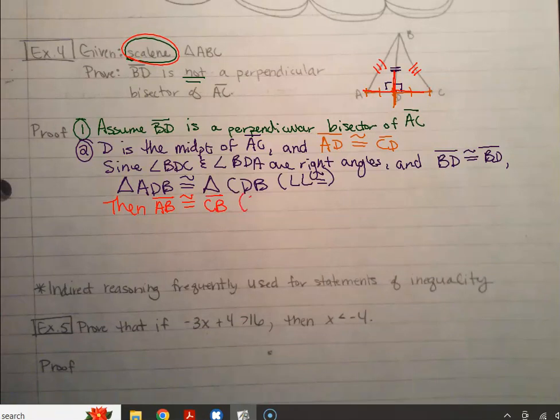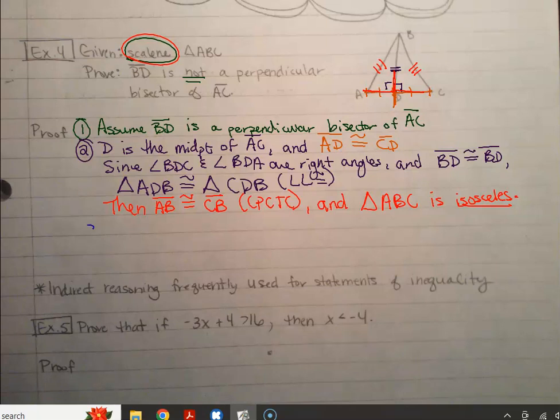That's the corresponding parts of congruent triangles are congruent idea. Then AB would be congruent to CB, and yes, triangle ABC is isosceles. There's my key, isosceles. We just proved that it was isosceles, which is impossible.